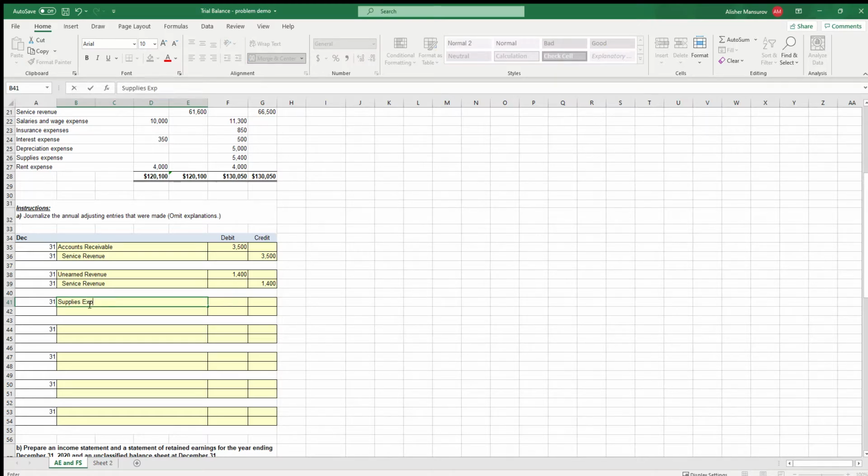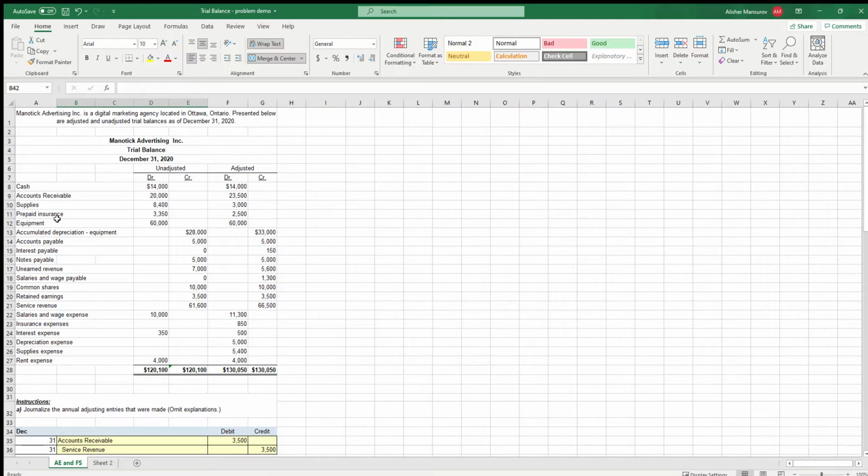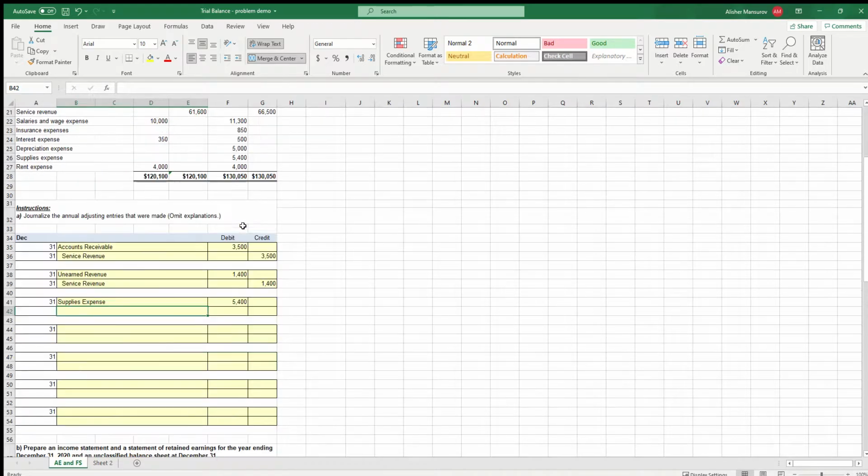Supplies expense 5,400, and our supplies asset also went down by the same amount, $5,400.